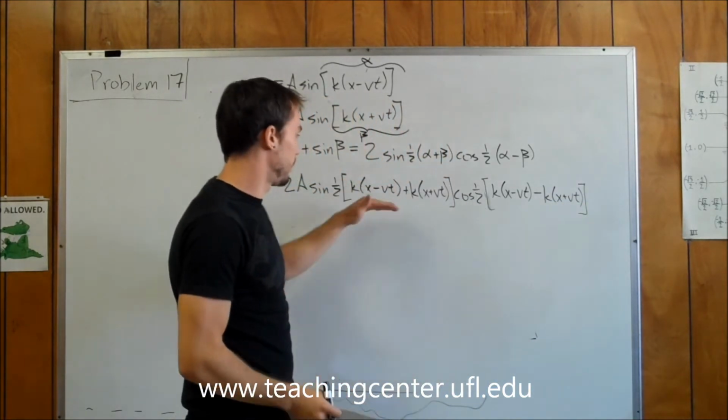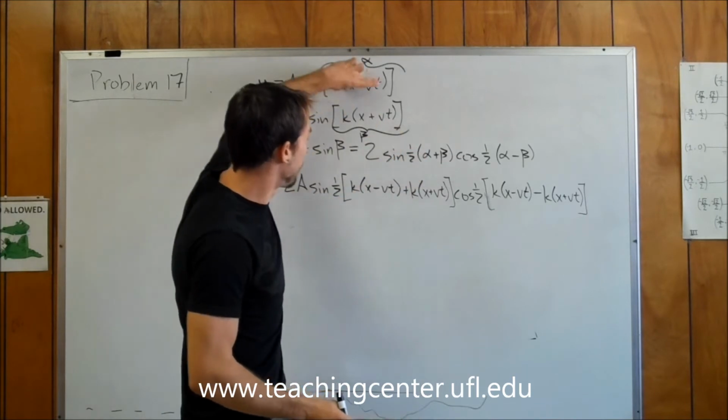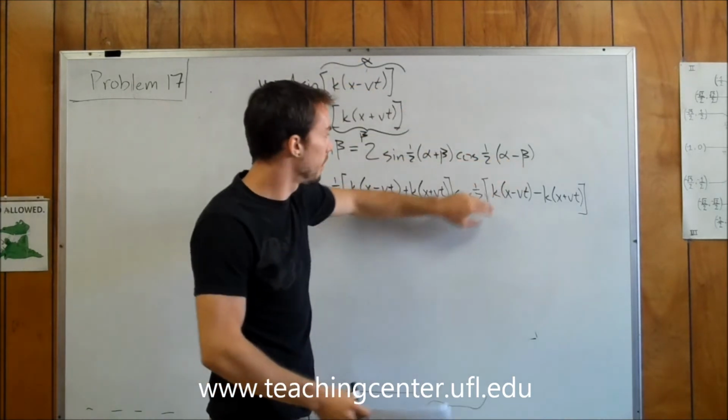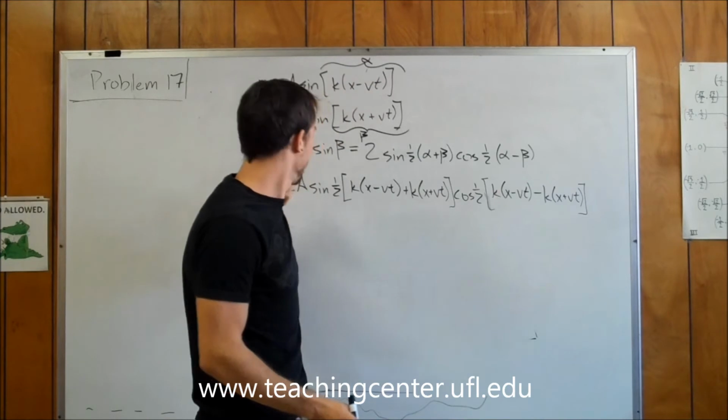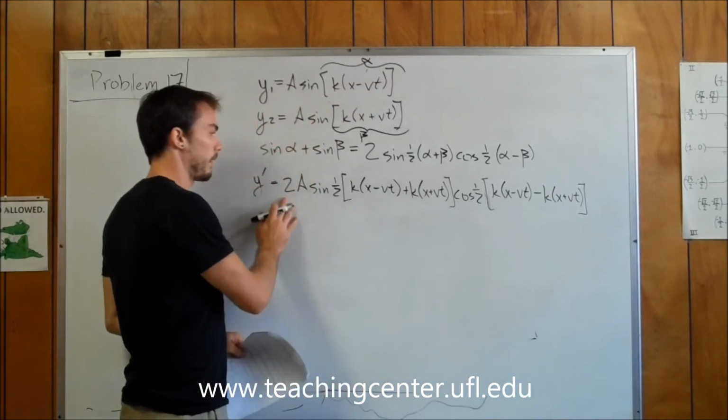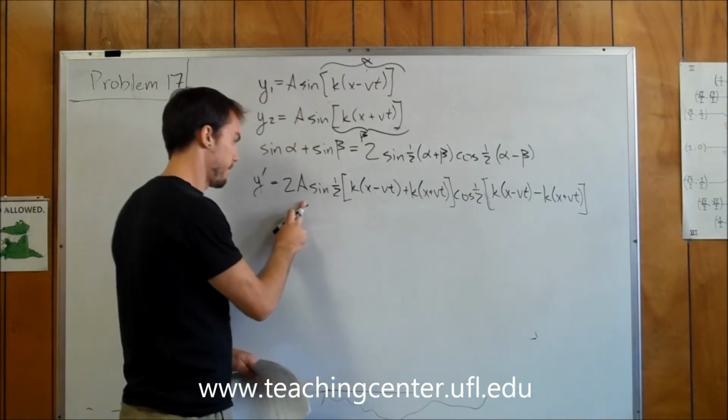All I'm doing is, for alpha plus beta, plugging in this plus this, and for alpha minus beta, this minus this. And like I said, we can't forget our amplitude coefficient out front.